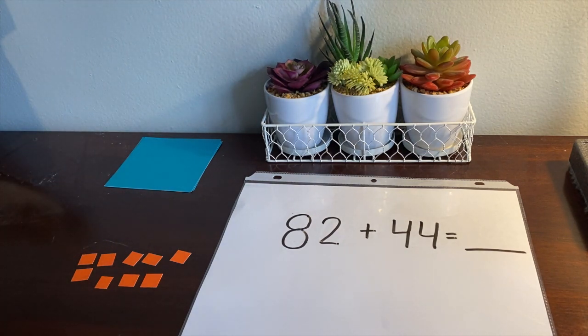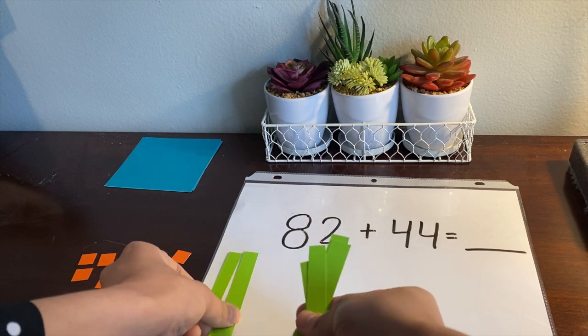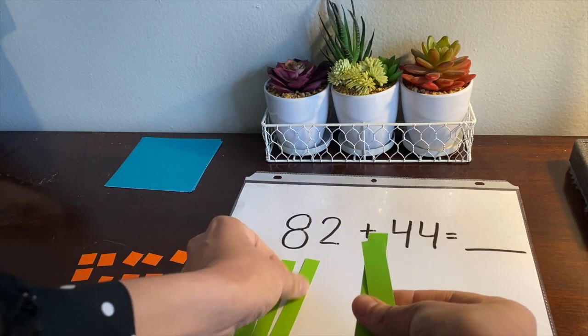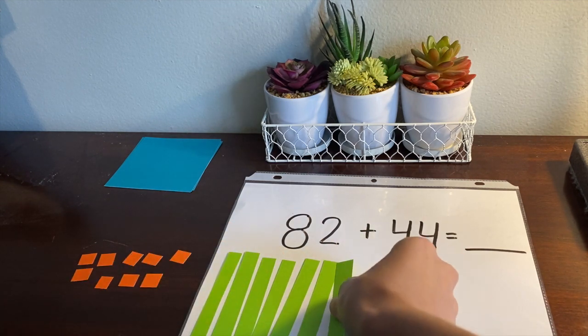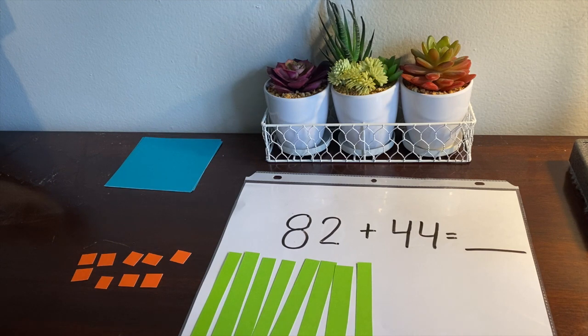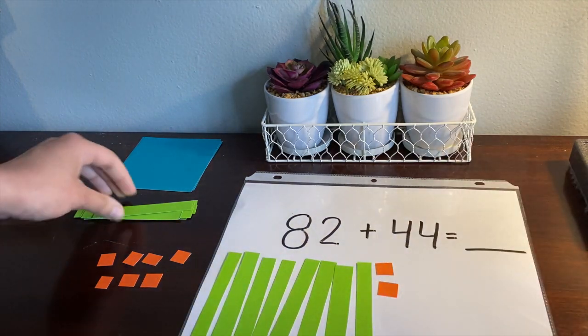Let's go for it. Looks like I'll need 8 tens. 1, 2, 3, 4, 5, 6, 7, 8. And there's a 2 in the ones place, so we'll add those extra ones. And then we have 44.